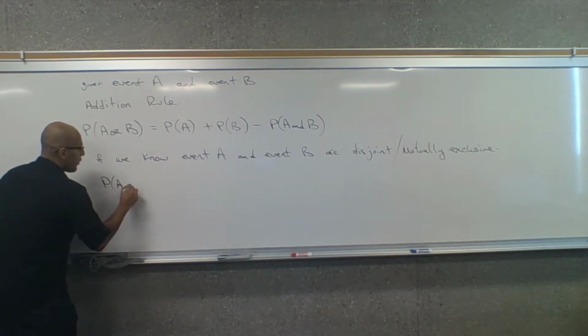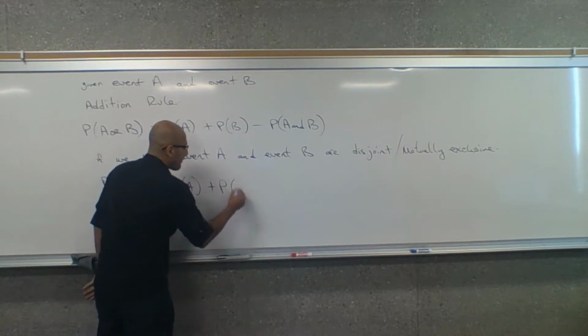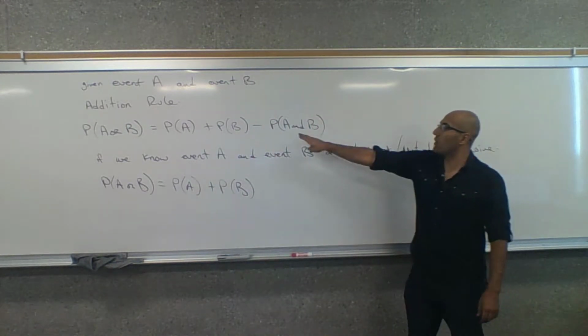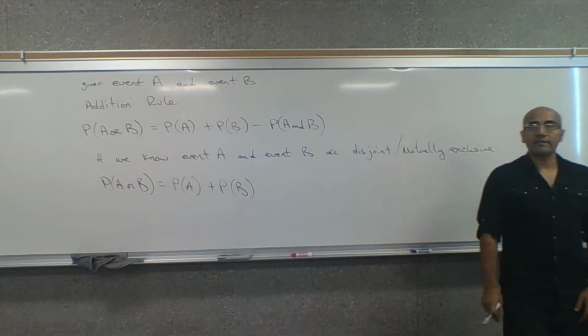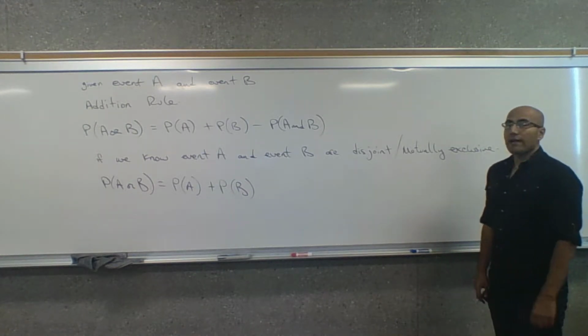The probability of A or B is equal to the probability of A plus the probability of B. So this part goes away, because if they're disjoint, that means that term is 0. Good. We described them with Venn diagrams.